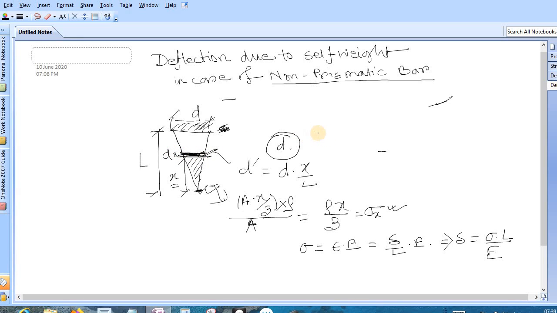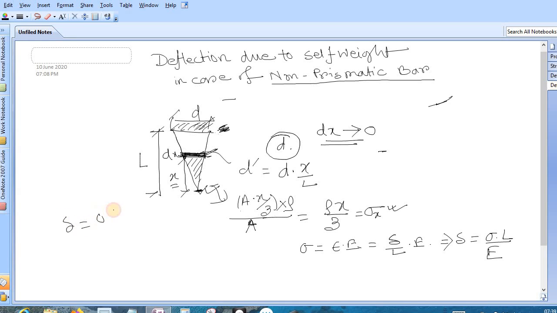Just like the previous cases, dx is so small that it tends to 0, so you can assume this section acts like a prismatic section. So we apply delta equals sigma L by E, where sigma is rho x divided by 3 and L is dx, divided by E, and this delta for the very small length is d delta.